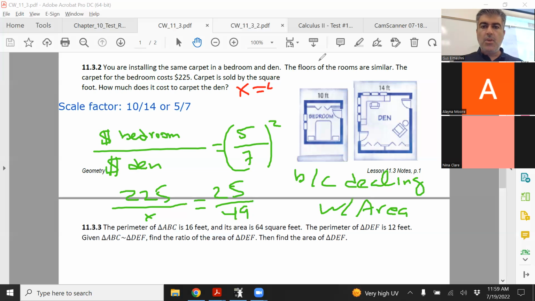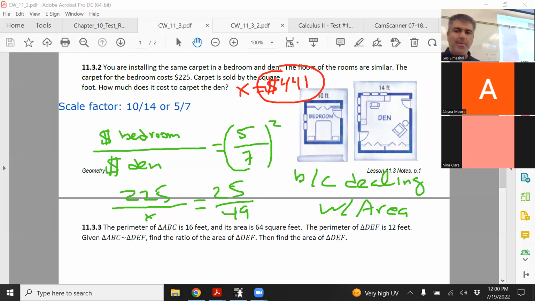So it costs that much. Of course, a person who's giving an estimate will measure both rooms and have their cost per square foot, but still, you can figure it out this way as well. So it'd be 441. But you have to square it because it's dealing with area, not one dimensional, it's two dimensional. So you have to square the scale factor.